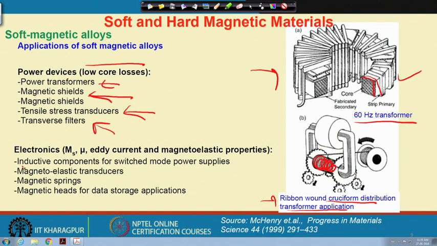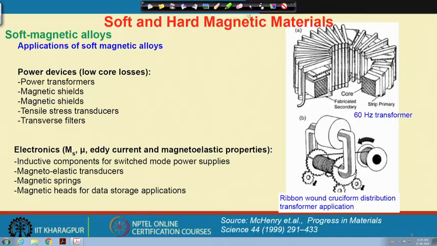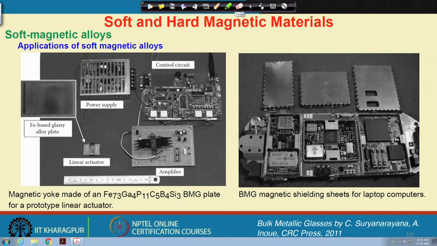However, inductive components, that is switch mode power supplies, or let us say magnetoelastic transducers or magnetic springs or magnetic heads for data storage application. Here also we have application of the soft magnetic materials.